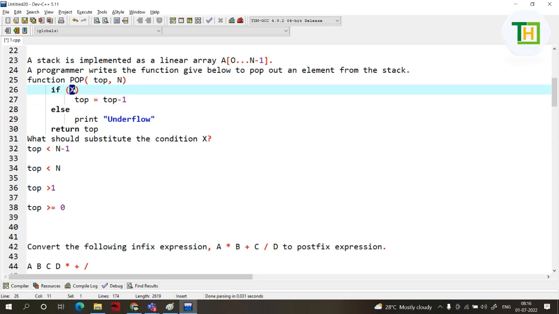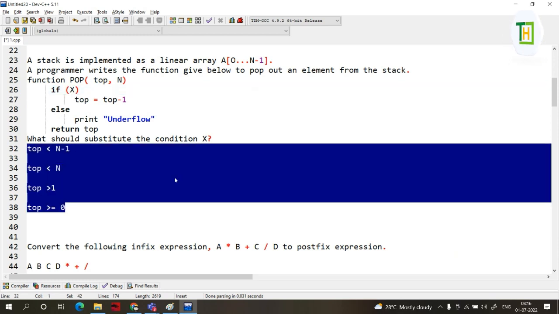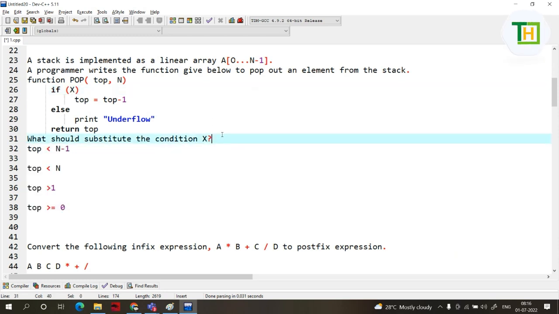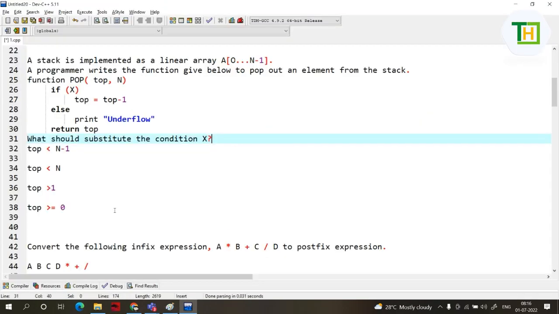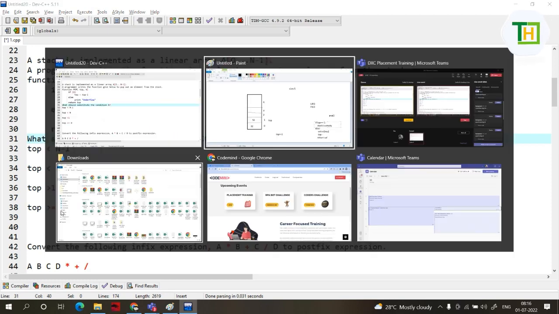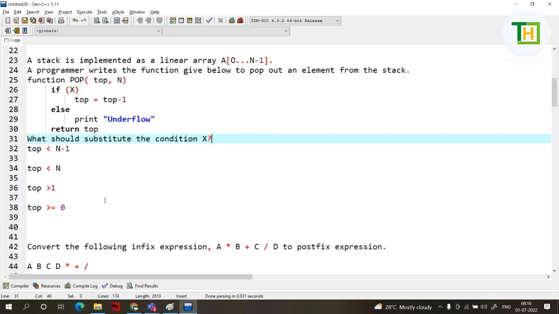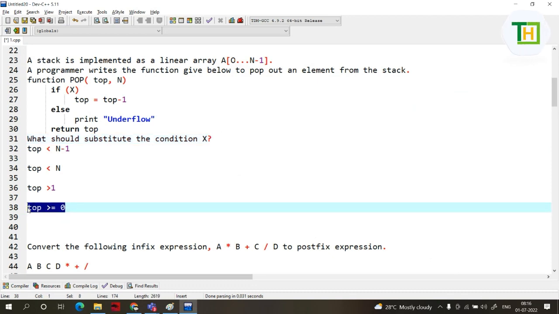Then what condition is suitable in the place of x when I'm going to delete an element? Top is not equal to -1? Is there any such condition? No. For example, top is greater than or equal to 0. Just observe here.